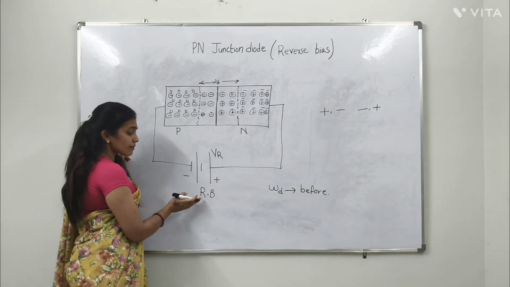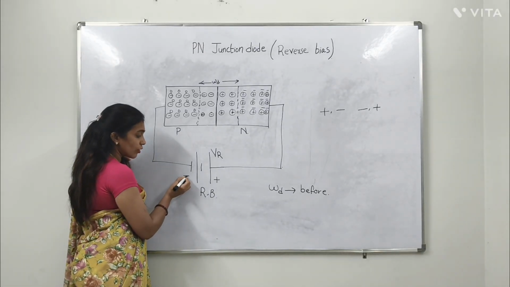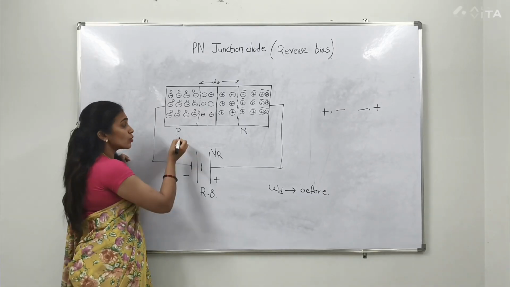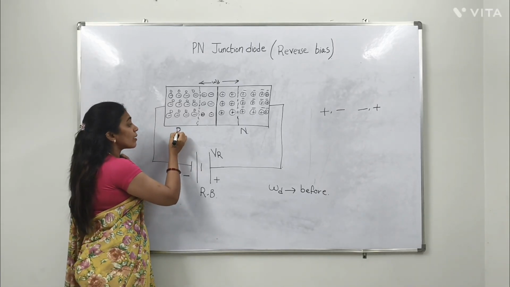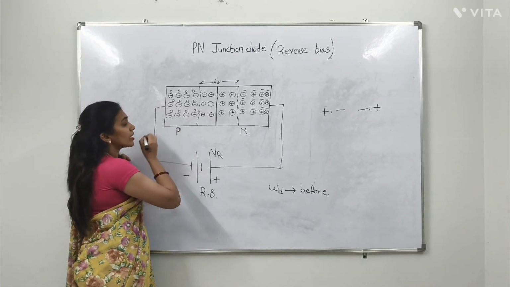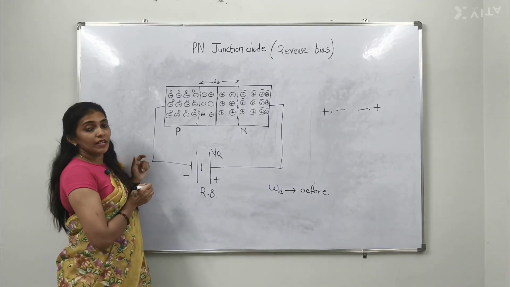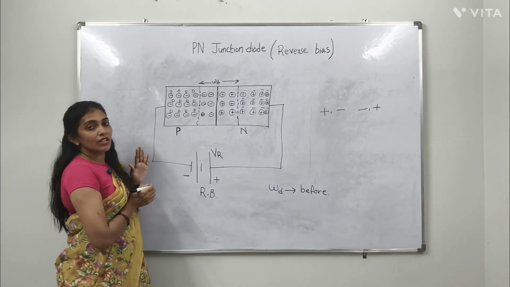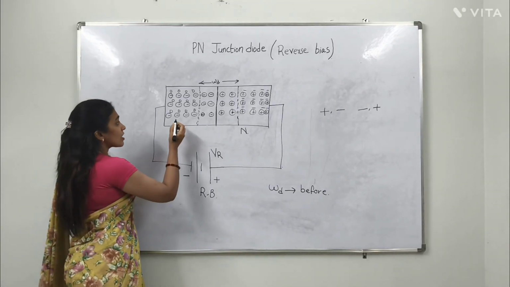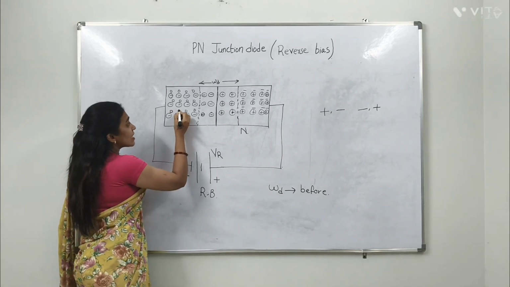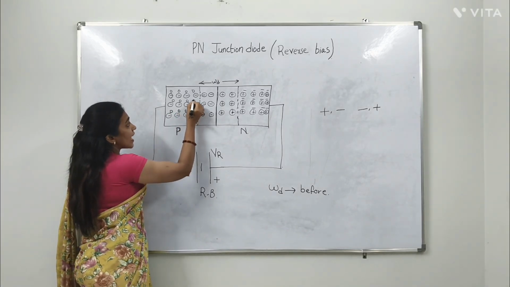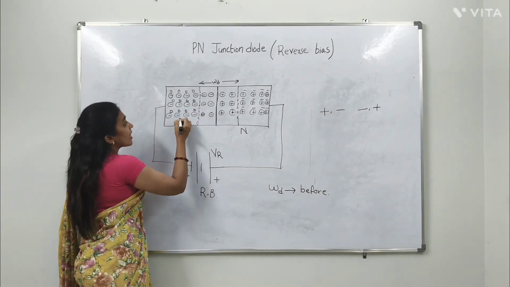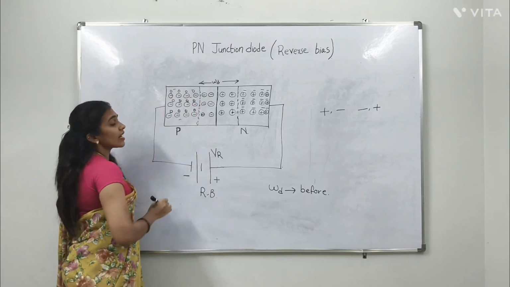In reverse bias condition, the battery negative polarity is given to the P region of the PN junction diode. In the P region, the majority charge carriers are holes and the minority charge carriers are electrons.